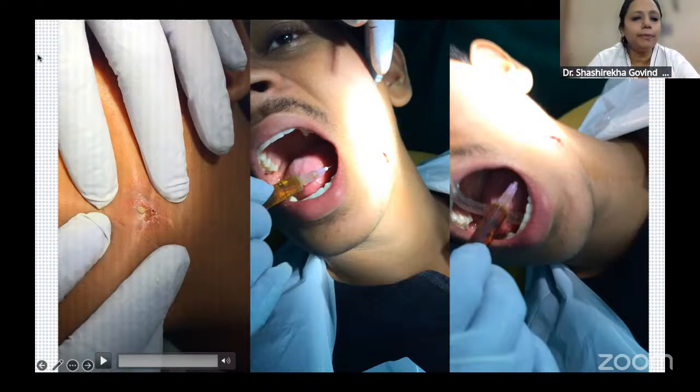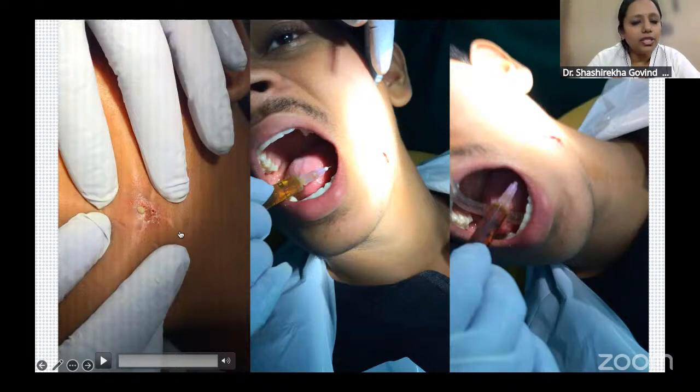Initially, he had a pimple on his left side. He had gone not to a dentist but to a general surgeon. The general surgeon said, okay, there is pus, fine, I'll curette it and give an incision. So he did a curettage and gave an incision. You can see the scars here.